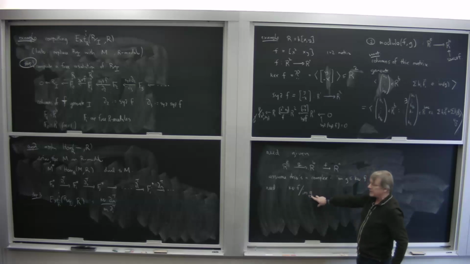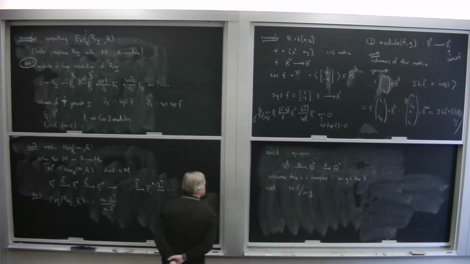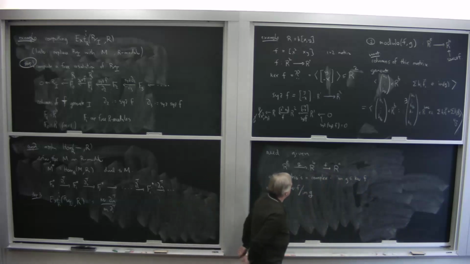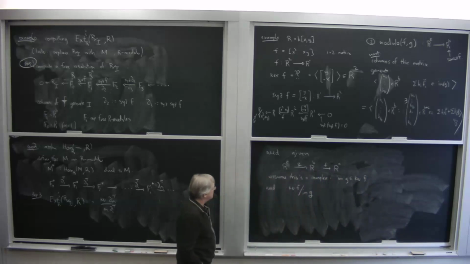This is the kernel of F mod the image of G. So if I want the kernel of this thing, but anything coming from here, I want to be 0.